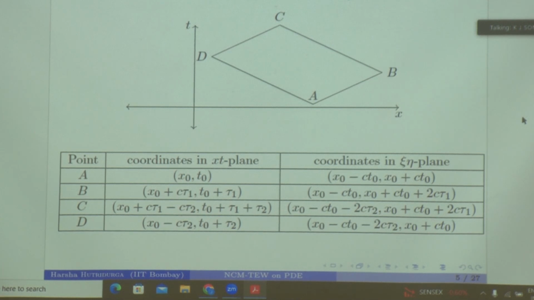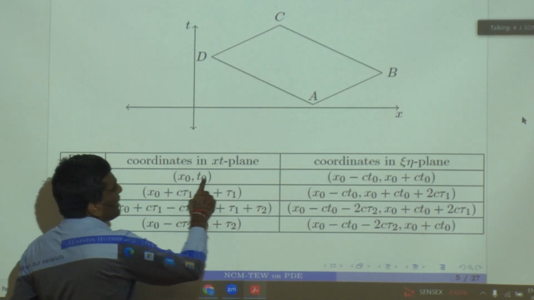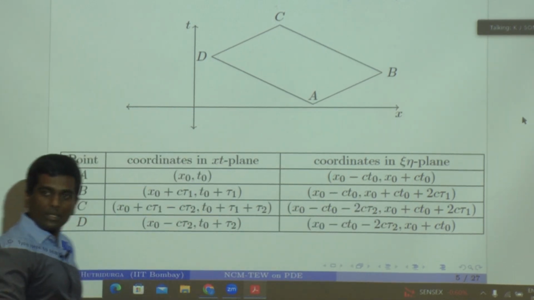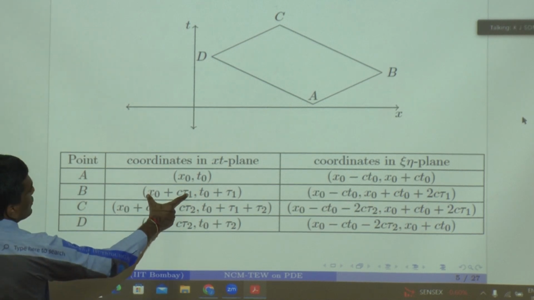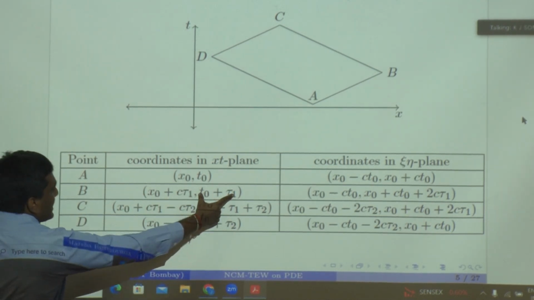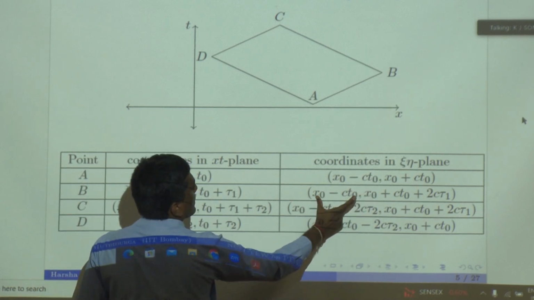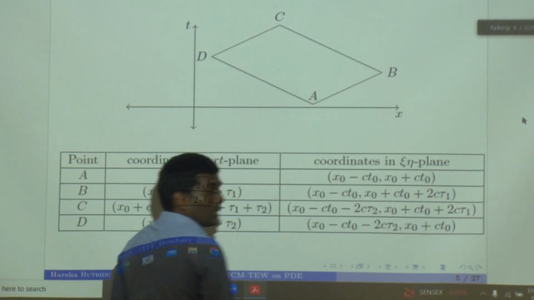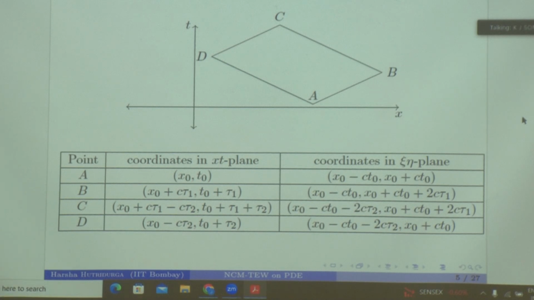So now you have got x naught t naught, this psi is x naught minus c t naught, and this is x naught plus c t naught. Similarly, this is your x coordinate, this is your t coordinate. You just write this minus c times this, which is here, and this plus c times this, which is here. So you just do this exercise for the 4 set of points that you have. Okay, there's a value for doing this.